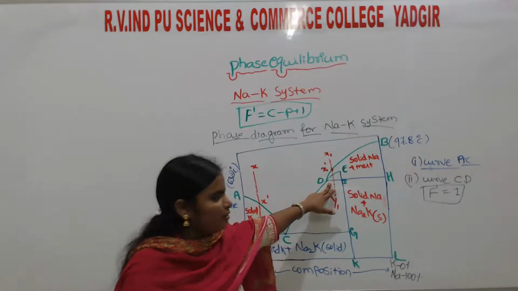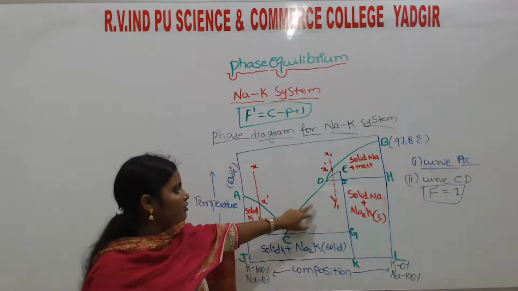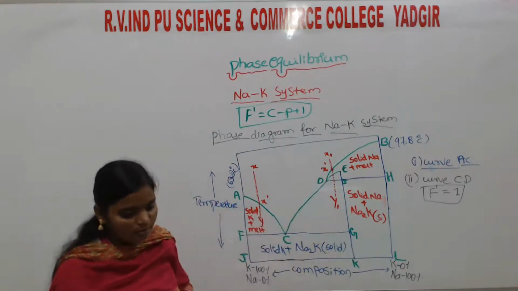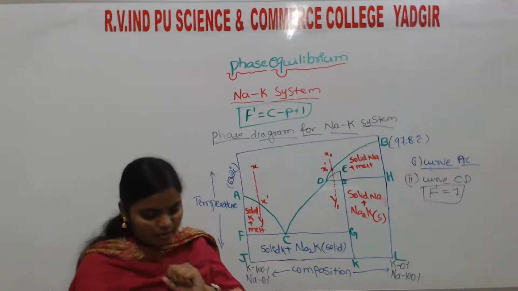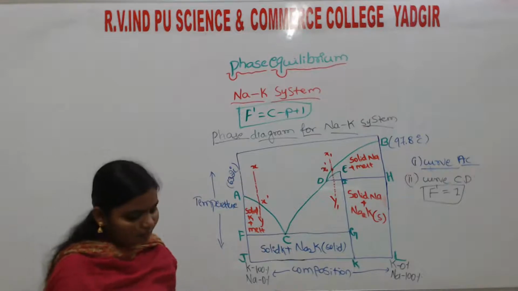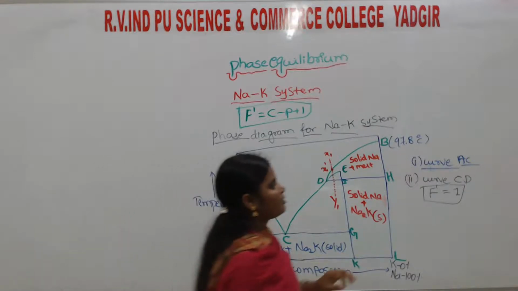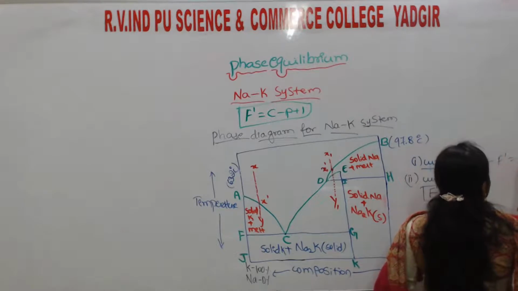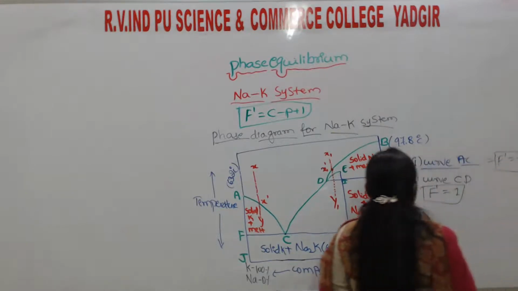Along this curve two phases are present, and along the other, three phases at equilibrium. F' equals 1 for this curve also.